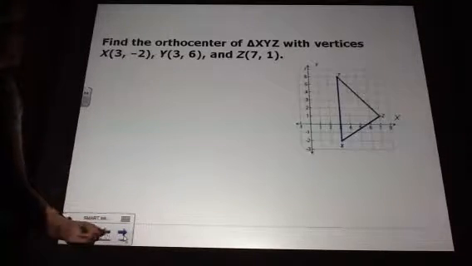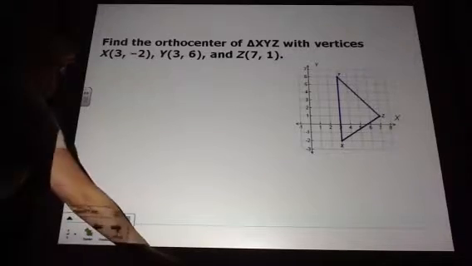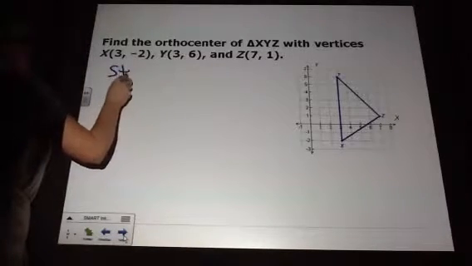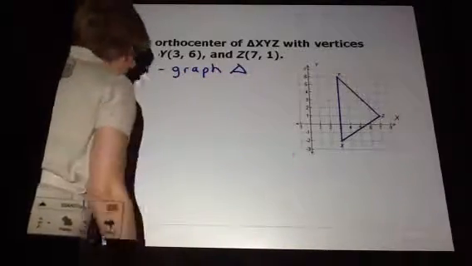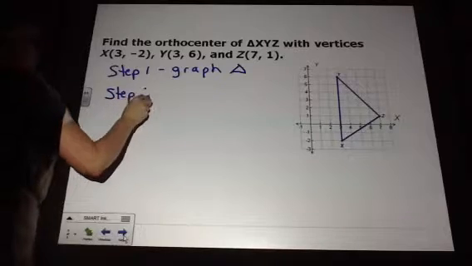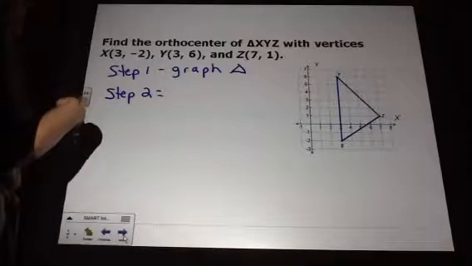Okay, so let's see here. First we need to graph our triangle. Okay, then what we need to do is we need to find each altitude.